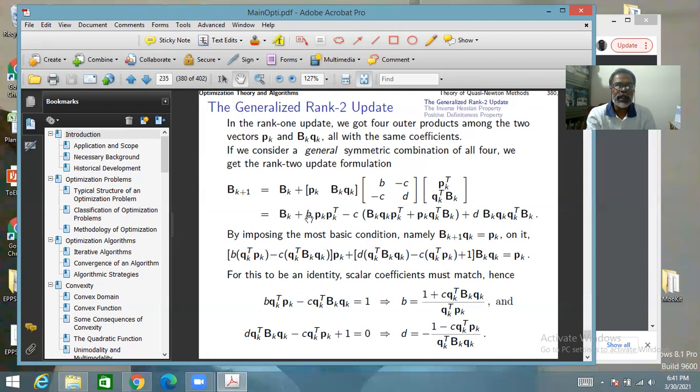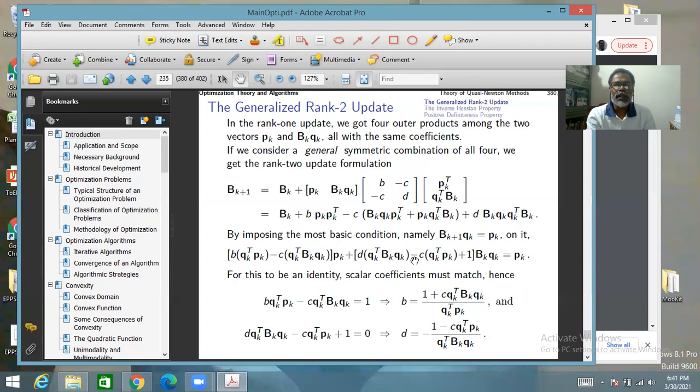Along with that, the coefficient from the first term will be b pk transpose qk, which is a scalar, and its transpose gives the same thing. From here, we will get the vector Bk qk, with scalar coefficient minus c pk transpose qk.